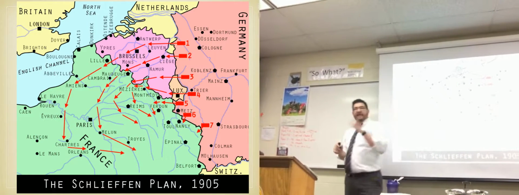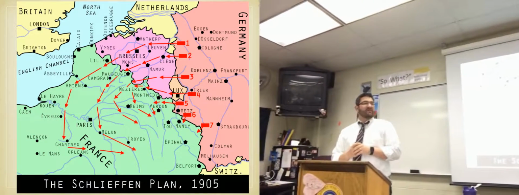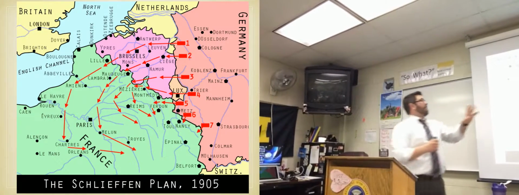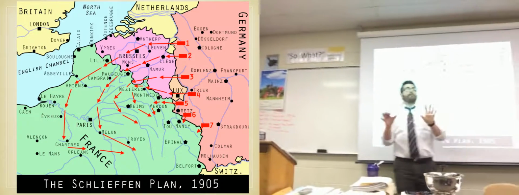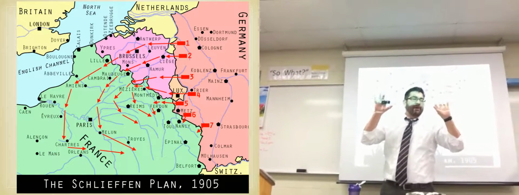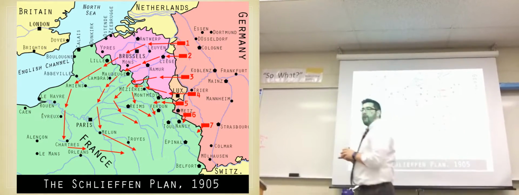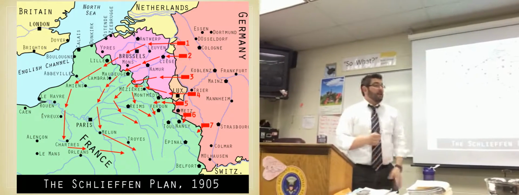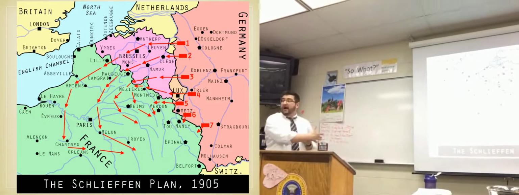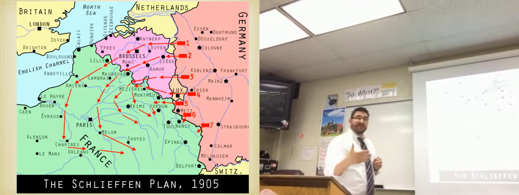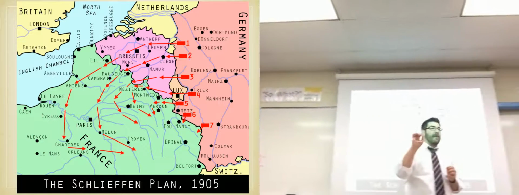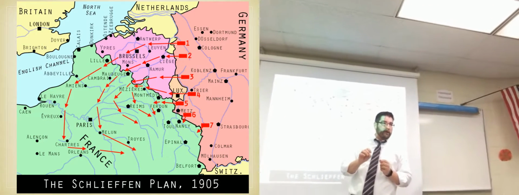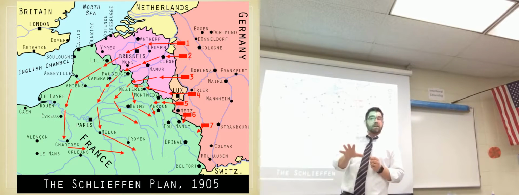In August of 1914, Germany launches this military operation. They march through Belgium. Belgium puts up a more fierce resistance than the Germans ever accounted for. The Germans thought the Belgians would just open up the gate and let them walk on through. The Belgians put up a defense, thanks in large part to a relatively new development in the military scene, the machine gun.